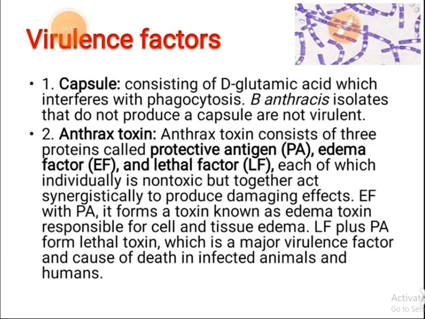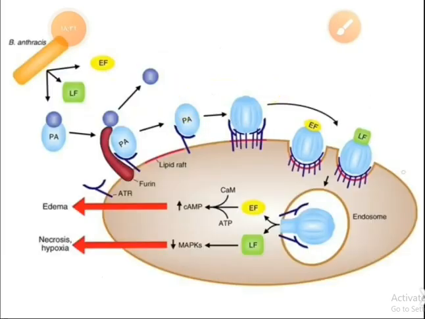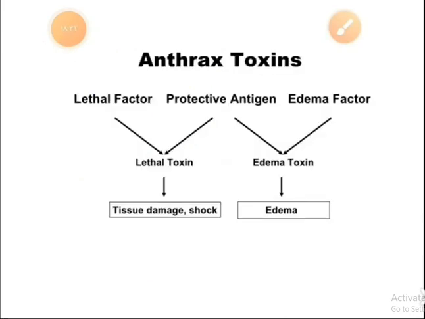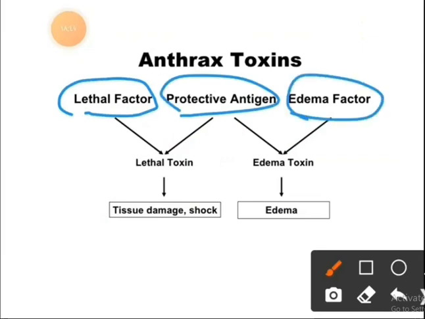The most important pathogenic virulence factor is the anthrax toxin, which consists of 3 proteins: lethal factor, protective antigen, and the edema factor. Each of which individually is non-toxic, but together they act synergistically to produce a damaging effect.